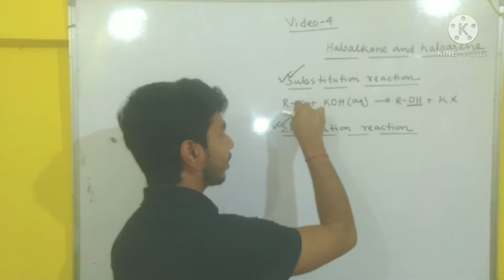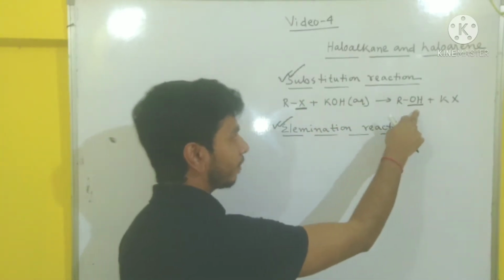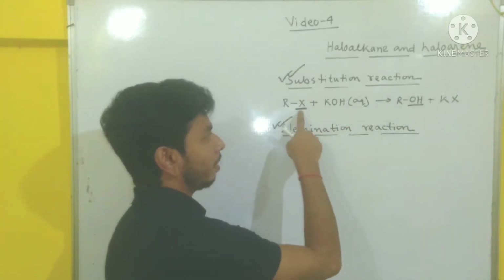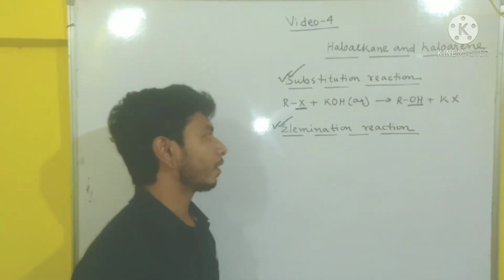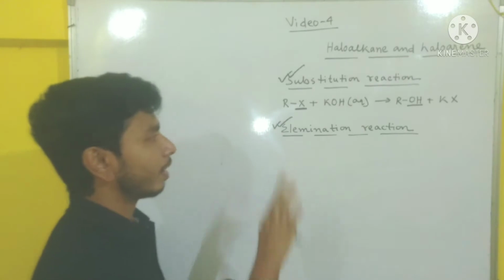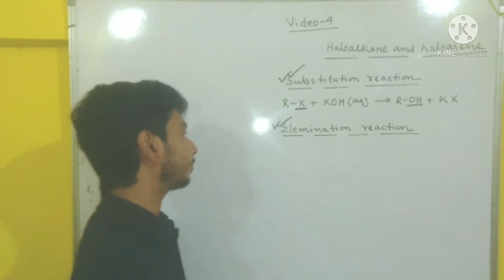So this reaction is called a substitution reaction because one group is substituted by another group. Now we are going to discuss the elimination reactions.